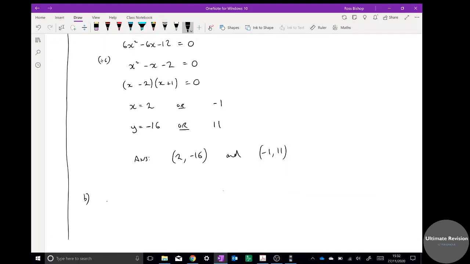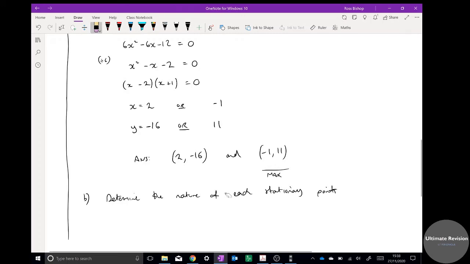Part B, determine the nature of each stationary point. Okay. Now, I can probably see straight away that this one's going to be the minimum and this one's going to be the maximum because it's just lower. This one's obviously lower than the maximum.